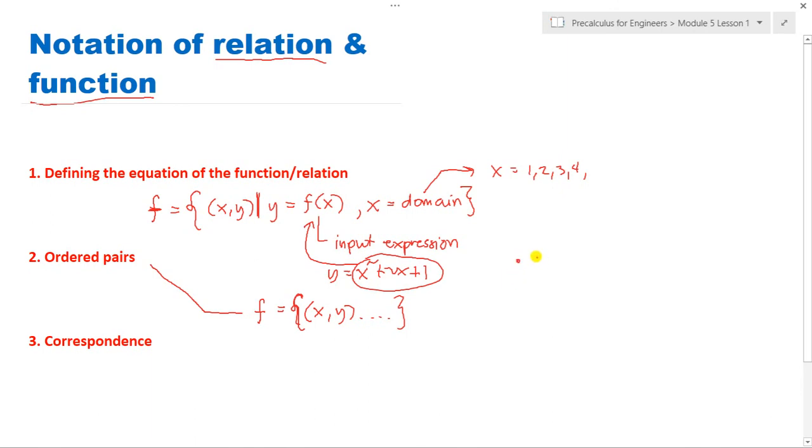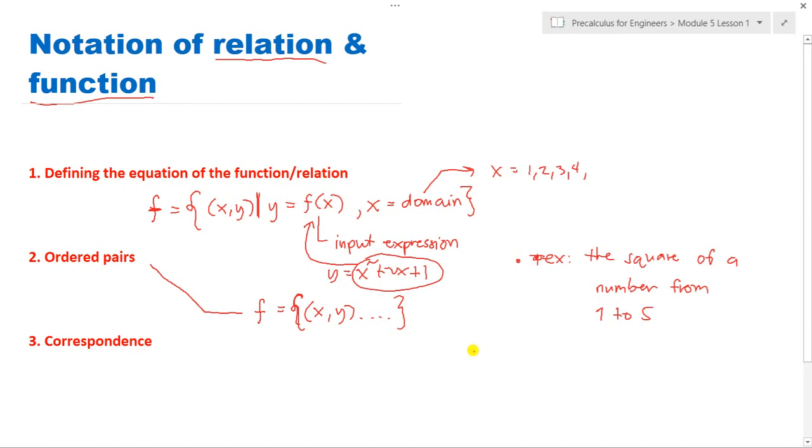Let's say we have here, for example, the square of a number from 1 to 5.